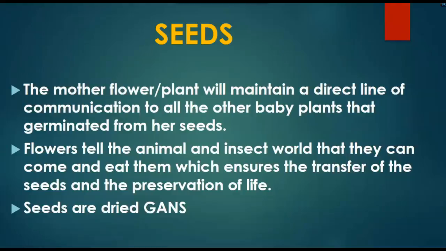It's essentially because they are made of the different dried GANs materials. So when we eat them, we have that immediate connection with these dried GANs materials, and our body is able to interact and absorb these fields from the seeds themselves.